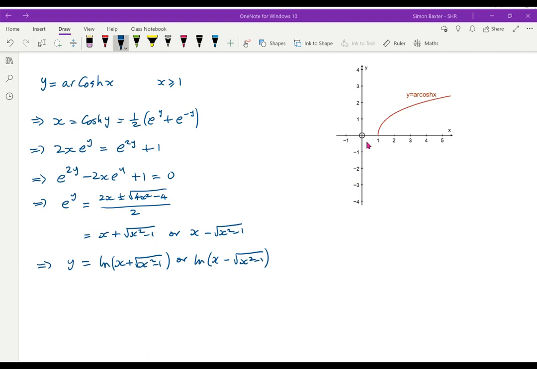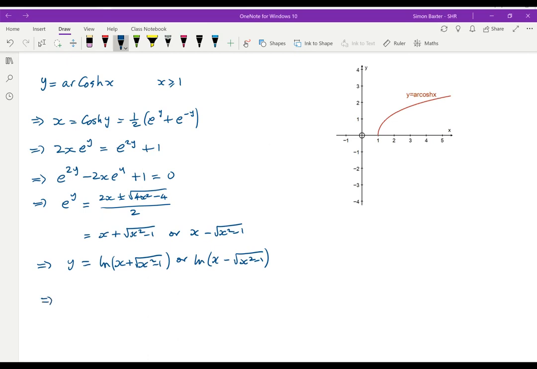It is not part of the domain for y equals arcosh x. Alternatively, this is a number between 0 and 1. Its logarithm is therefore negative. It would be that part of the reflection of y equals cosh x which we don't allow in order to have a function. So we're not allowed the second part of this answer.